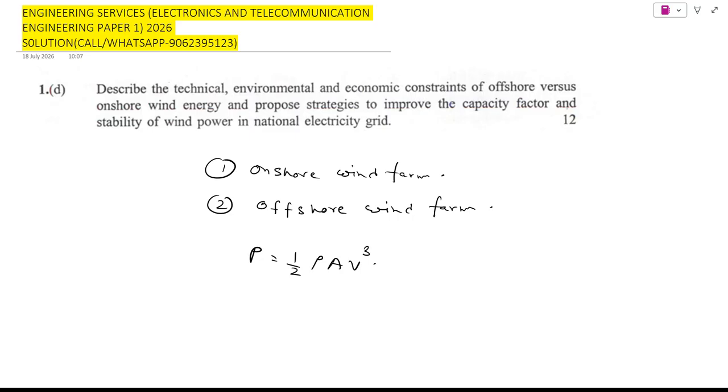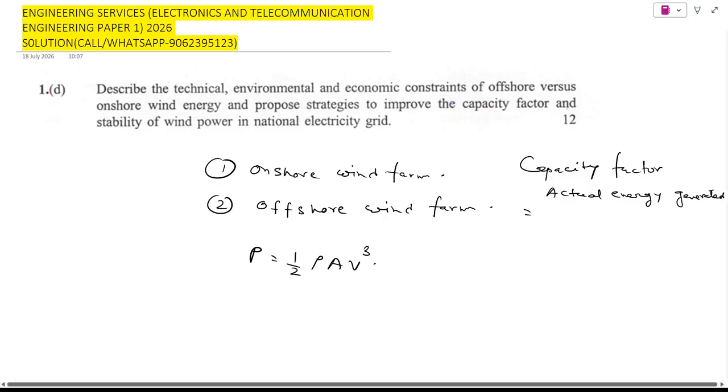Okay, now you must never confuse this with efficiency. Capacity factor is different. Capacity factor is actual energy generated by maximum possible energy.